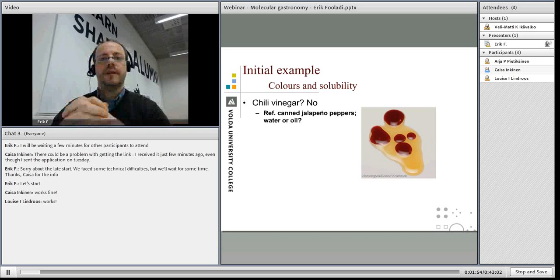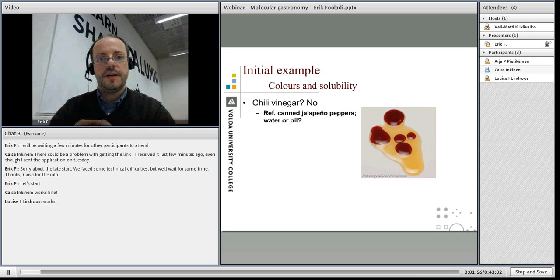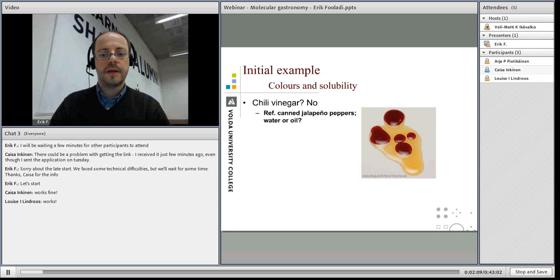So this contains two foods that combine to one sort of dish. It's chili and it is blueberries or bilberries. And the yellow part contains the chili, and the red part, or the purple part, contains the blueberry.